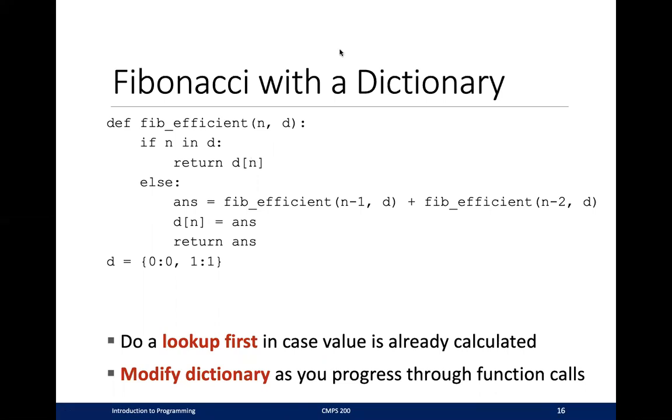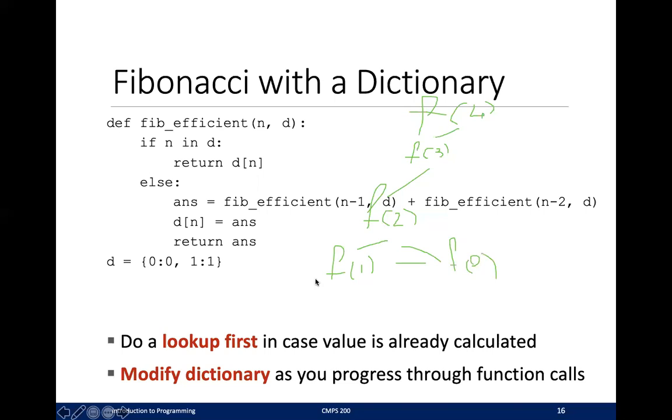Okay. So basically here when I do, let's say, f of 4, it will do f of 3, right? F of 2, f of 1. F of 1 is in the dictionary, so it's going to return it. Right, so I know that this is f of 1 and this is f of 0. Both of them are in the dictionary, so they're going to be returned.